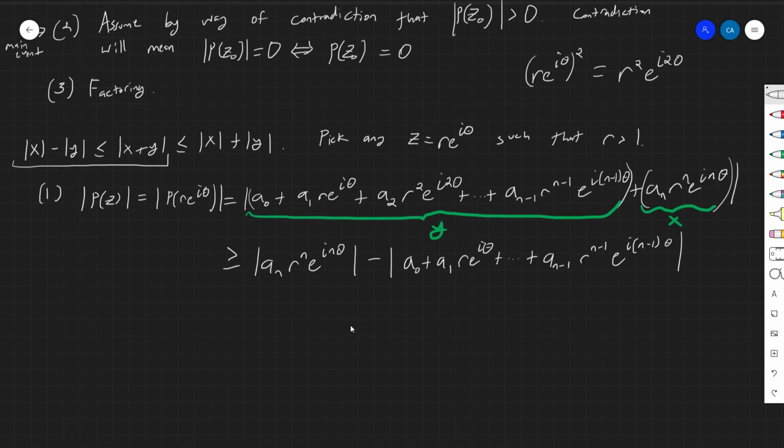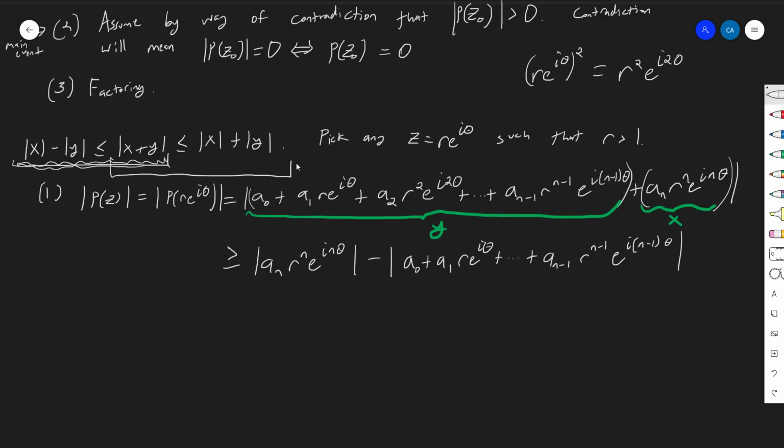But before I do anything, I'm going to use the triangle inequality again, the other one. So now we're going to say goodbye to the reverse triangle inequality. The regular triangle inequality is my new best friend. And we're going to apply it to this big term over here that has all the other terms in it. Now, it might look like this is in the wrong direction because this is less than or equal to something.